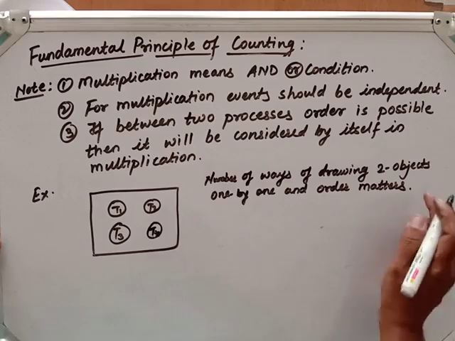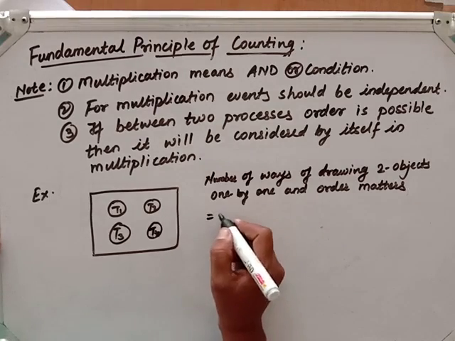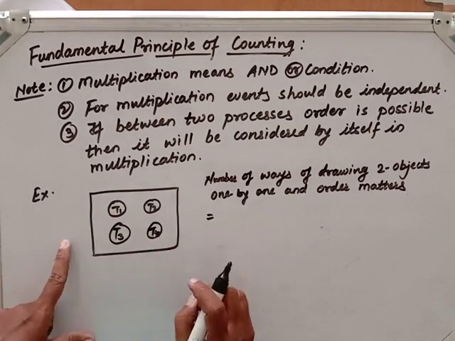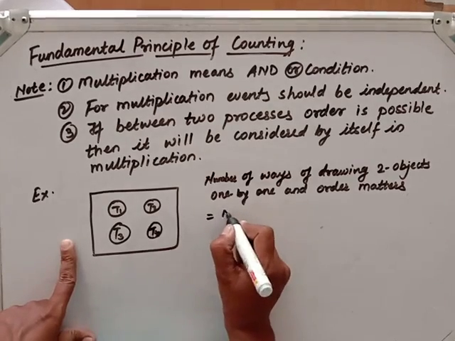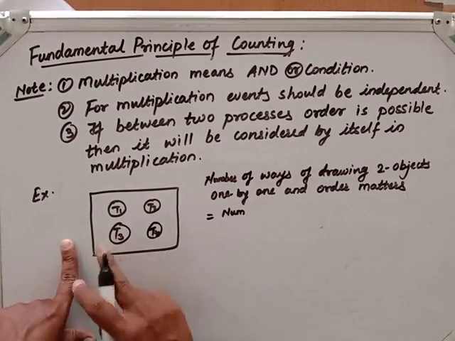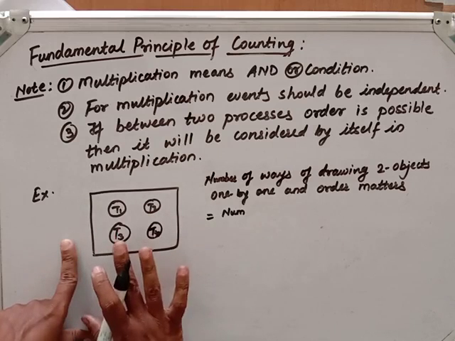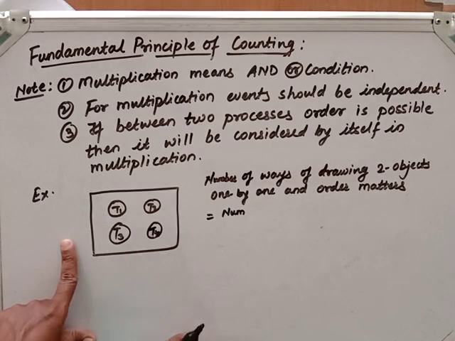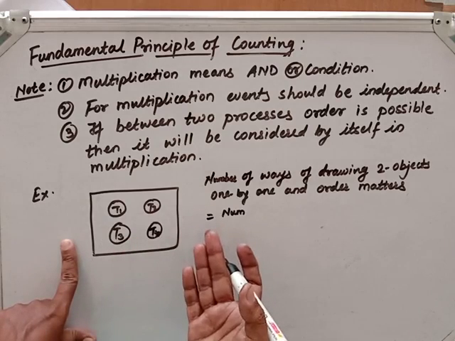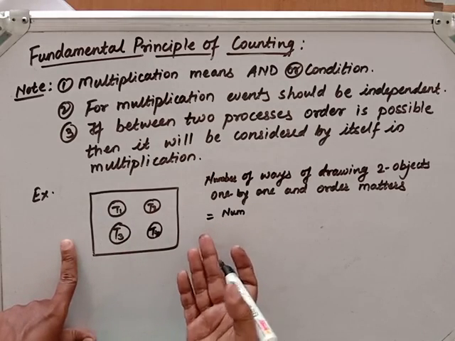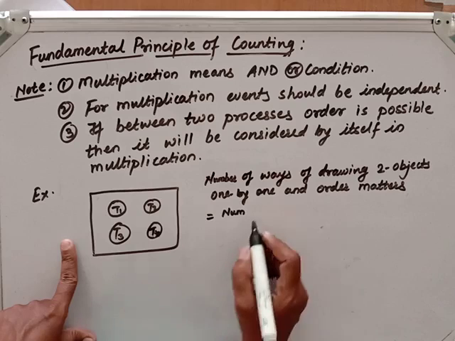Suppose order matters. Then the number of ways of drawing the first object, and now these are 2 different things. One by one means firstly we will draw one object. There are 4 choices, so any one can be drawn. But whenever we draw the second time, there are only 3 choices.